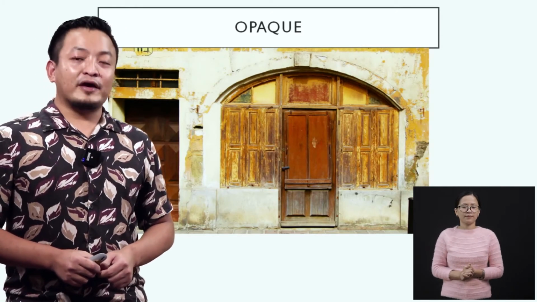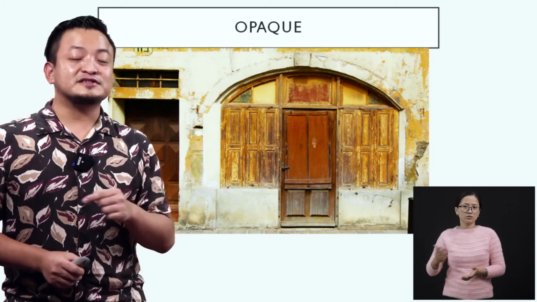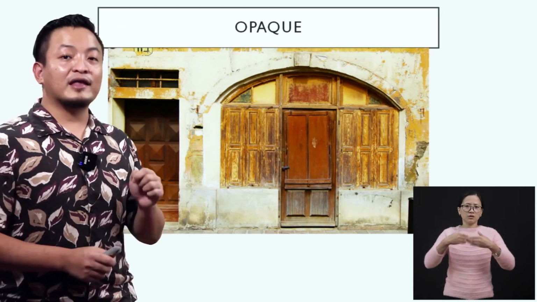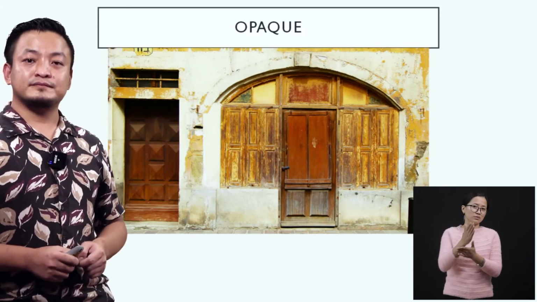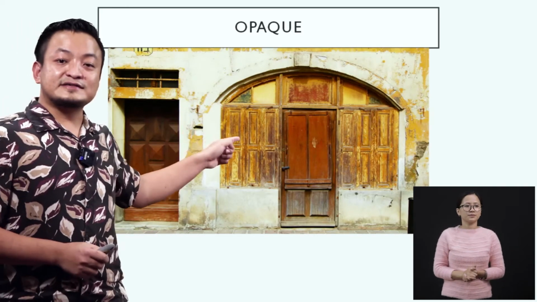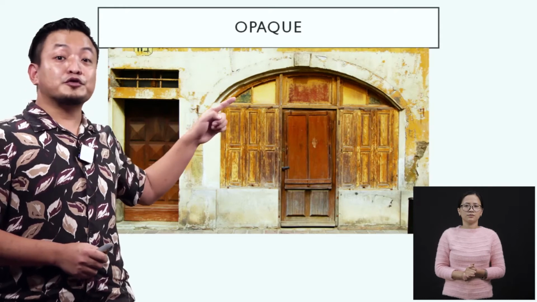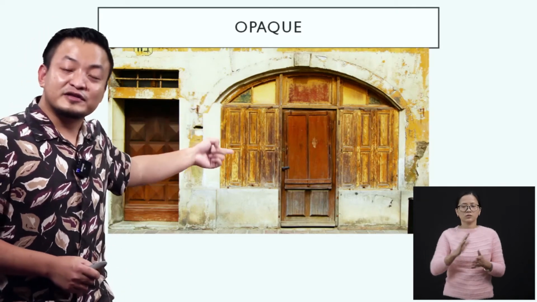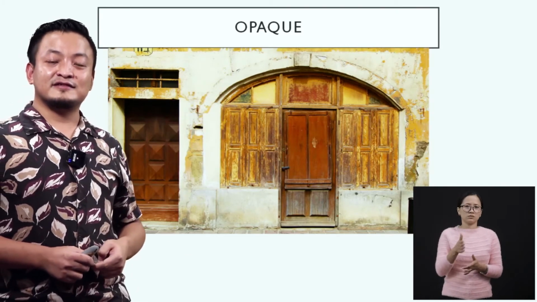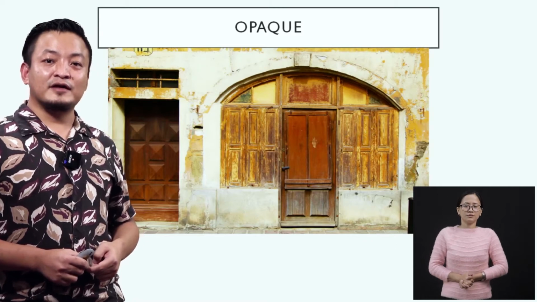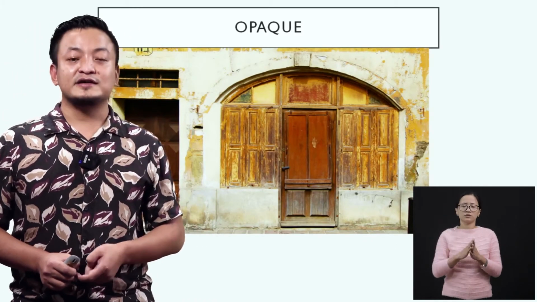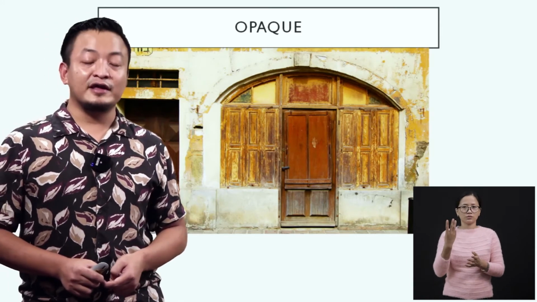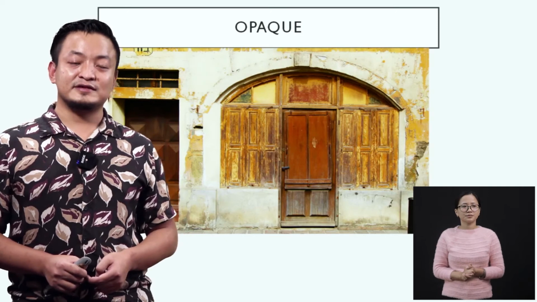Now, opaque objects are those which do not allow light to pass through them. Okay? In these opaque objects, we will not be able to see what is on the other side. So students, we have learned about the three bodies, that is transparent bodies, translucent bodies, and opaque bodies.